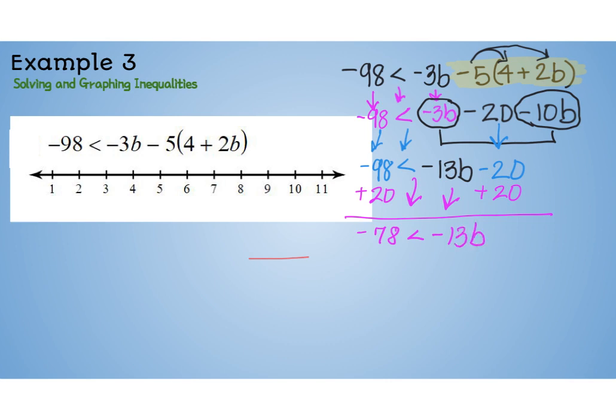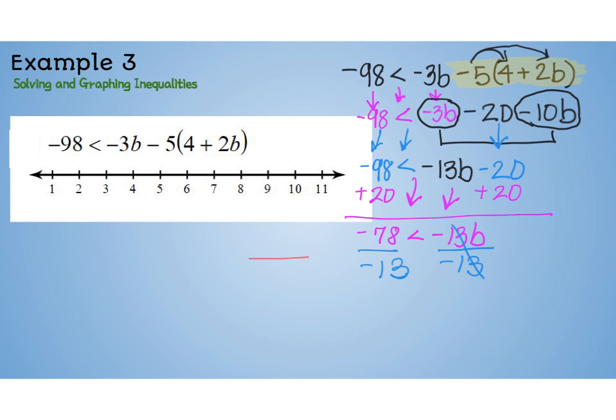Now I'm going to divide both sides by negative 13. That eliminates it. So now, watch out, look at what I just did. Sorry, my voice just cracked. I divided both sides by a negative.